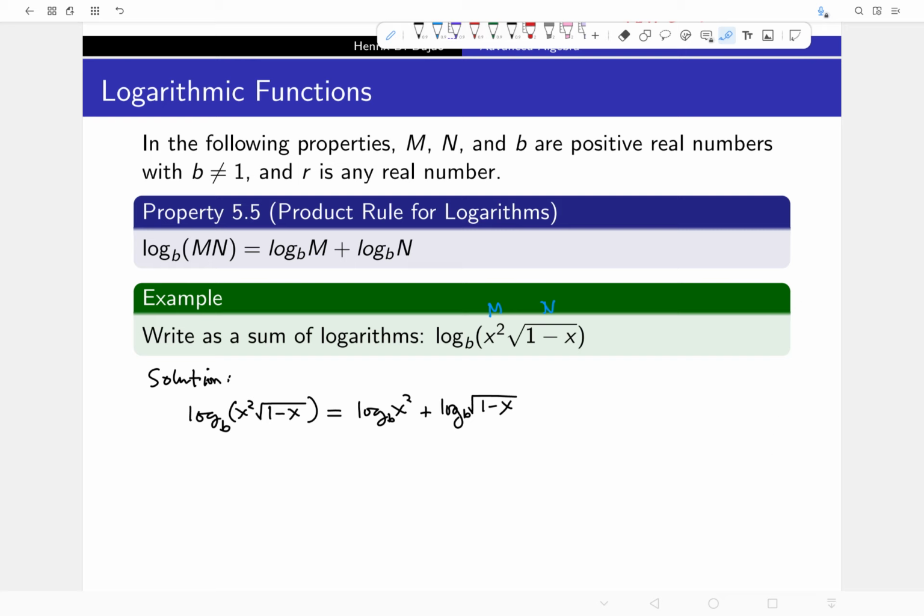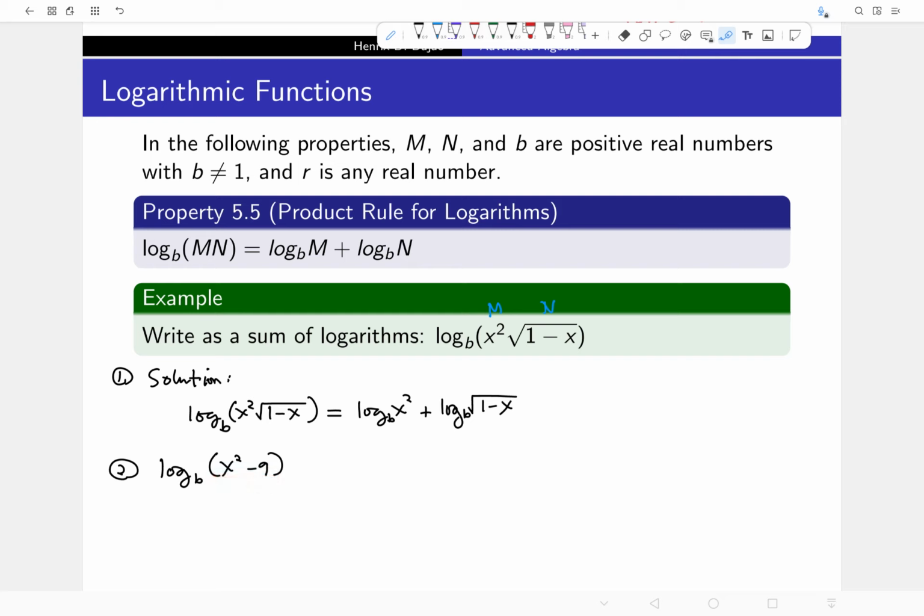Okay, another example. We have this one. This is number 1. Another example. To write this one as a sum of logarithms, all you have to do first is to express the expression right here as a product.